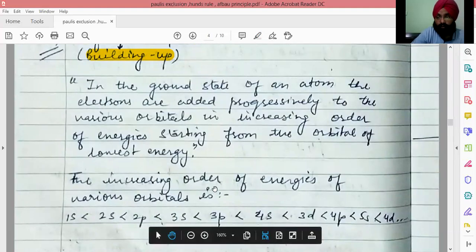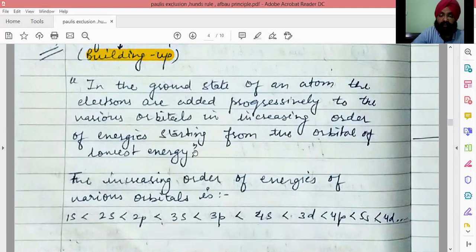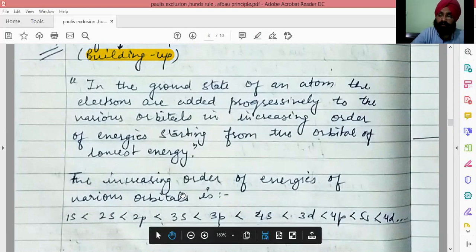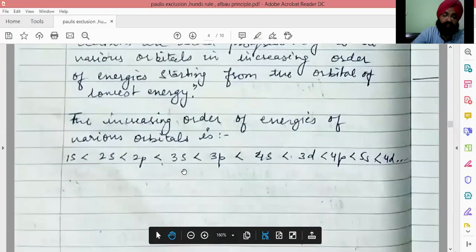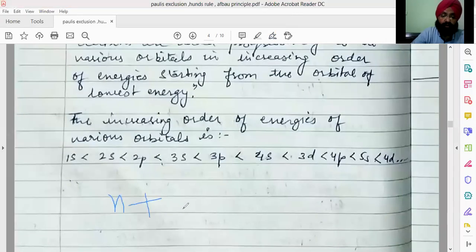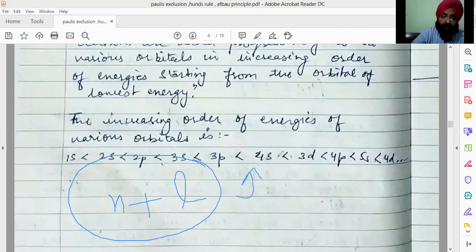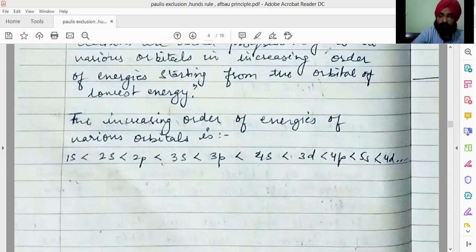When we have to fill the electrons in the orbitals, we start filling from the lower energy subshell, which is 1s, then 2s, then 2p. And by doing this, we have to follow the n plus l rule to assign the energy values.